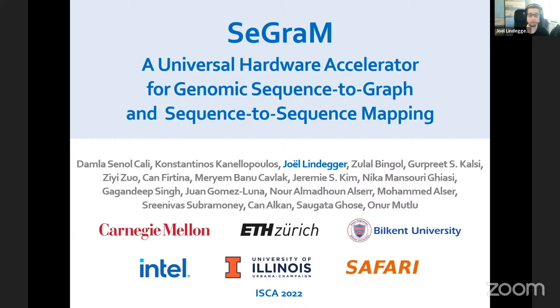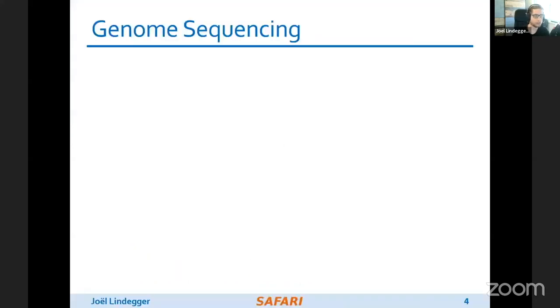But SeGraM is closely related to this because it's using basically the Genome algorithm generalized to graphs as part of its algorithm, and then it does some other things as well. So let me start though with a quick overview of what we're doing again.